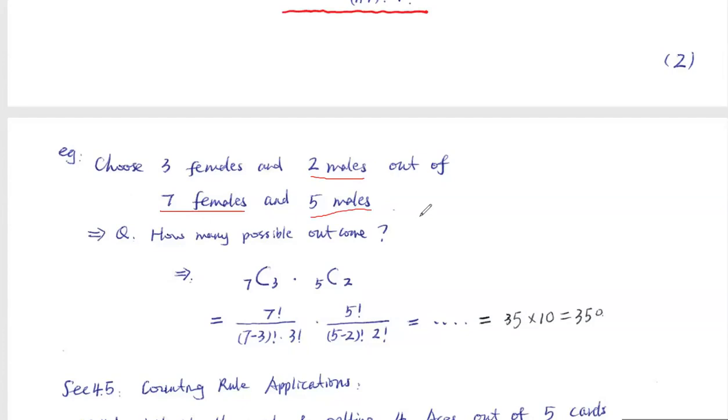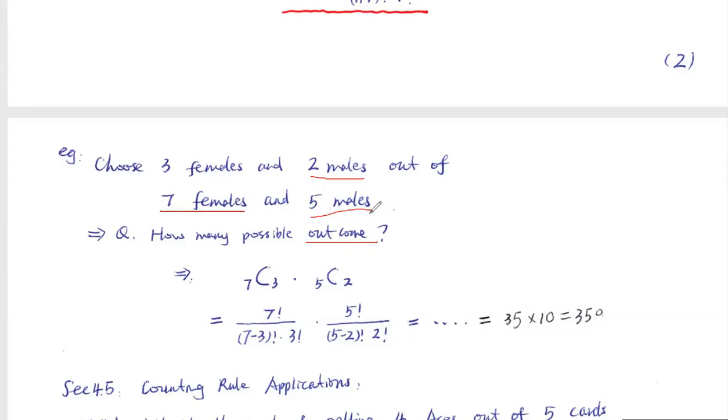The question is, how many possible outcomes? I did not explain the whole background, the reference information, like why we select 3 out of 7, 2 out of 5.